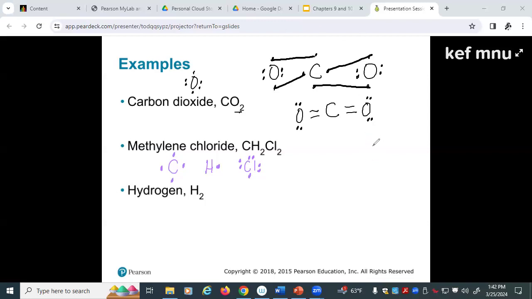So when I go to draw this, I'm going to put carbon in the middle. And then I'm just going to surround it with, I have 2 hydrogens and 2 chlorines.